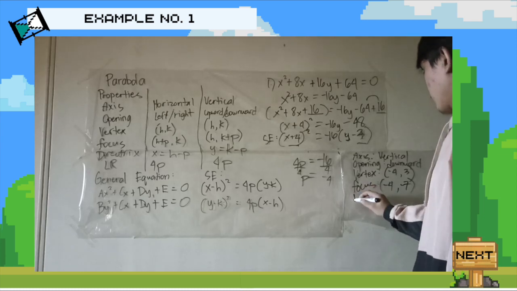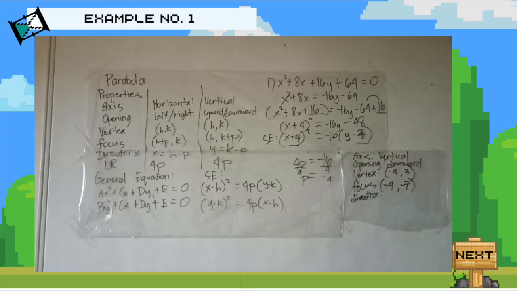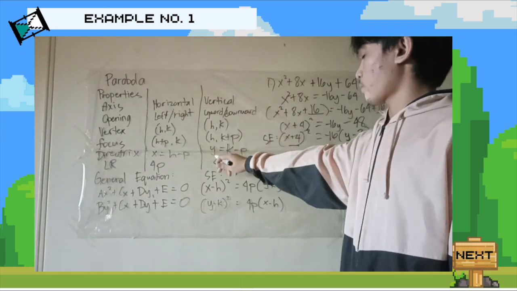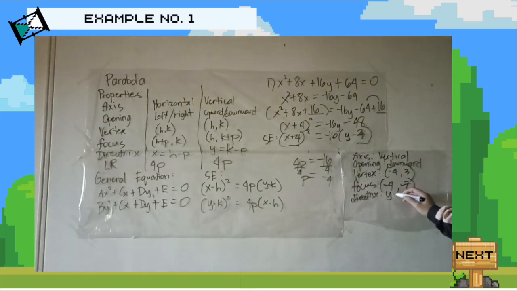Next is the directrix. For a vertical downward parabola, y is equal to k minus p. We just subtract p from k, so 3 minus negative 4 is 7.